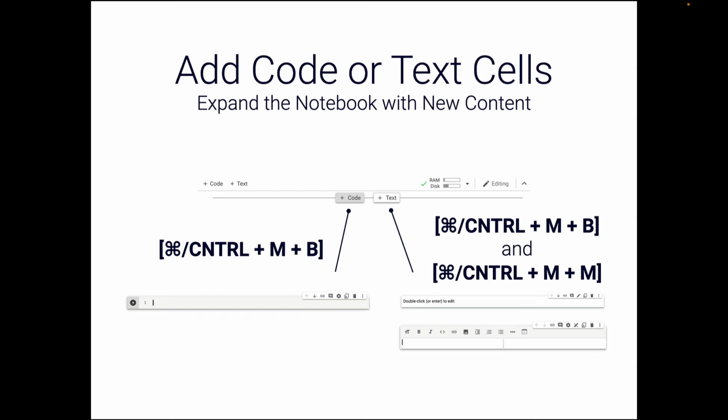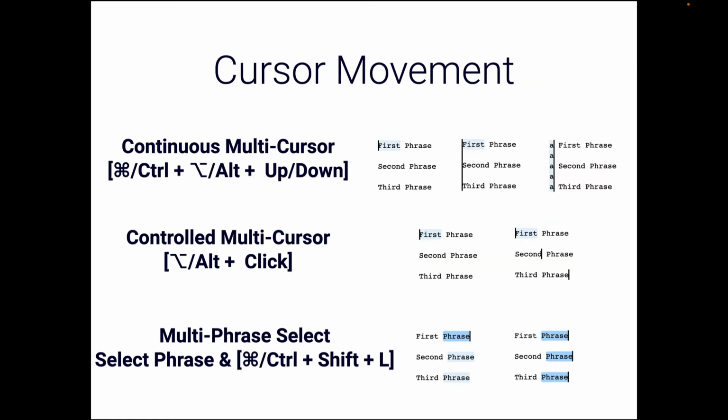I should mention again, the Command Control M portion is basically a requirement for Google Colab. A lot of the shortcuts match one-to-one with what is present inside of Jupyter Notebooks and Jupyter Lab. That is, B will create a cell below it inside of command mode, and M will change between cell types.